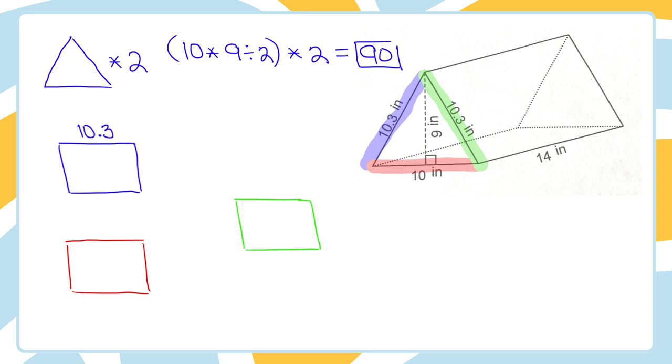Wait, I have a question. Are all 3 rectangles the same? No. Are 2 of them the same and 1 different? In this case, yes. But that's not an always thing. The side that I've got red, I'm putting on my red rectangle. And the side that I've got marked green, I'm putting on my green rectangle.